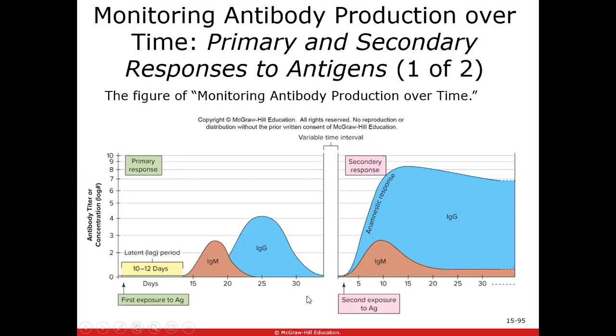If it's a second exposure to the antigen, almost immediately the IgG responds harder than the first time and is sustained. This is why people can get immunized, and some immunizations last a lifetime. For other ones, the body has memory for, let's say, a couple of years.